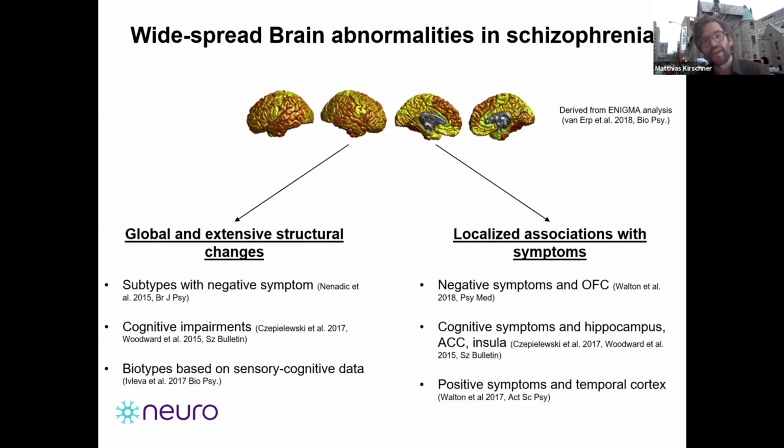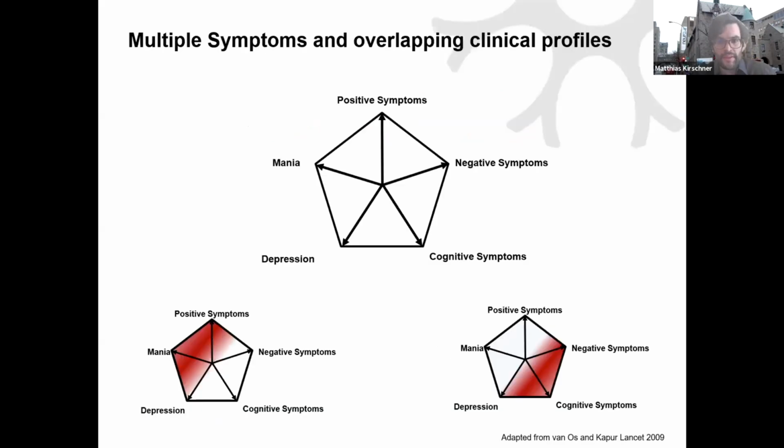So we see there are widespread brain abnormalities in schizophrenia, and these brain changes are related to the heterogeneous clinical profile of these patients. This is the other point I want to emphasize before coming to our new results: we all know that schizophrenia is a very heterogeneous disorder.